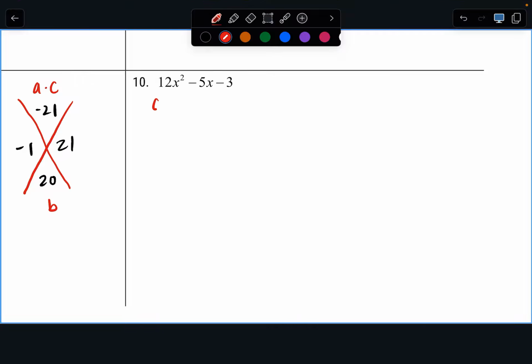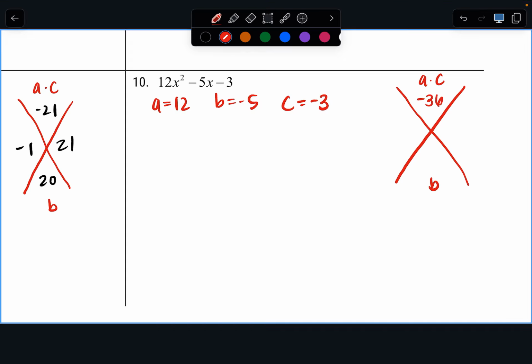So, A is 12, B is -5, C is -3. If I do A times C, what's 12 times -3? -36. What is B? -5. So here is where you have to think of two numbers that multiply to be -36 and add to be -5. Liana, what do you got?